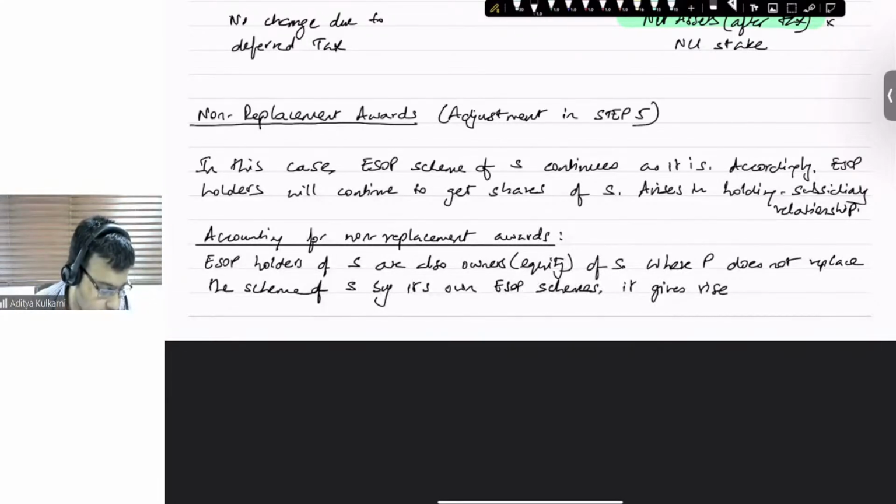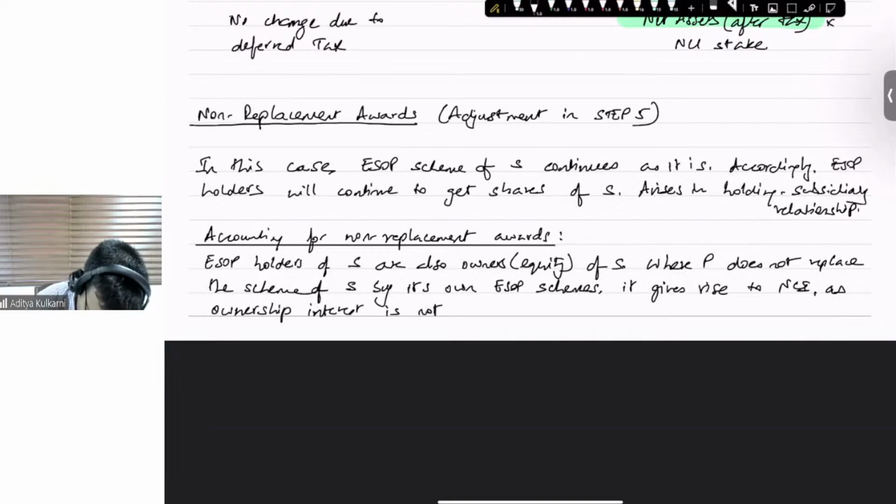It gives rise to NCI as ownership interest is not acquired. Have you noted this part?